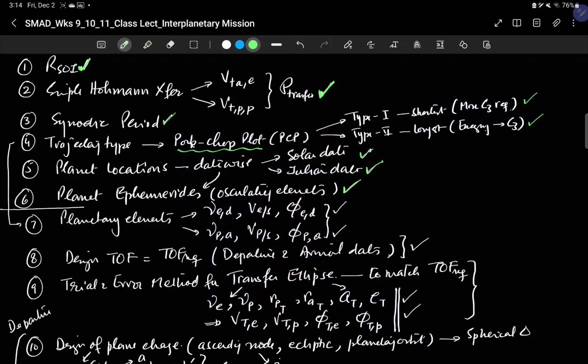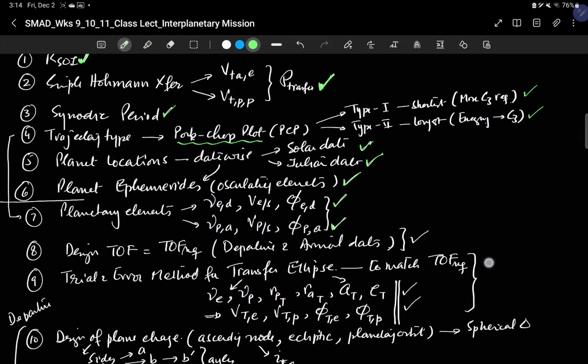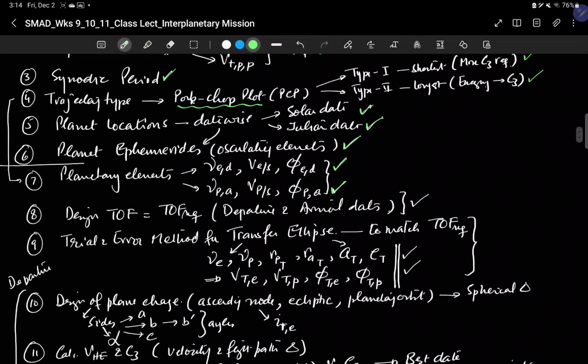Once that was done, we completed the planetary orbital elements calculation, which was the true anomaly, the velocity and the flight path angle of the planet at departure and that of arrival. Once we had the time of flight determined from the difference between the departure date and the arrival date, we carried out a trial and error method.